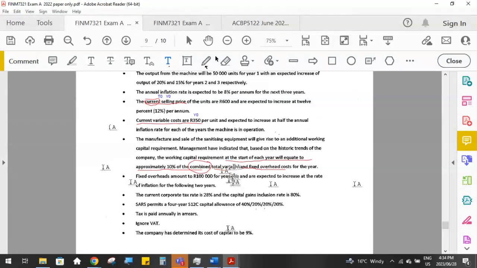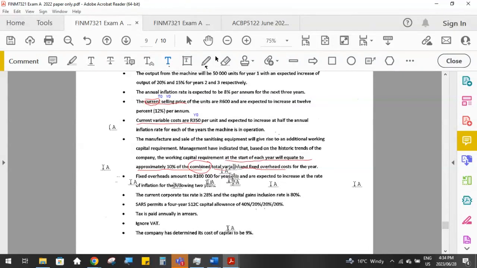And then remember, for your working capital requirement, you always, and I'll show you in a minute, do that table showing the lump sum of working capital required at year 0 at the start of the project, and then the incremental increase or decrease at the beginning of each subsequent year of the project.